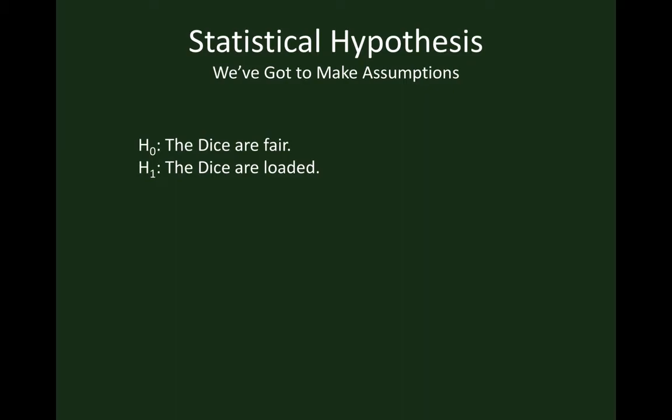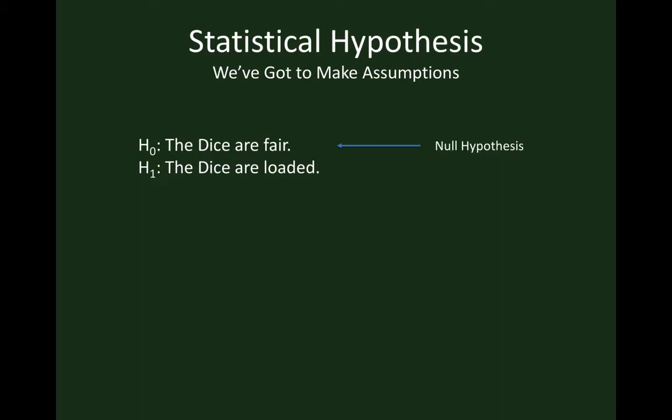Now, a statistical hypothesis is always in two parts. The first statement is what we call the null hypothesis. And we use the notation H sub 0 with a colon, and we can write a statement. And if you got into a more advanced statistics class, these would have equalities and inequalities and look a lot more mathematical. But I'm really approaching this from a very conceptual point of view.